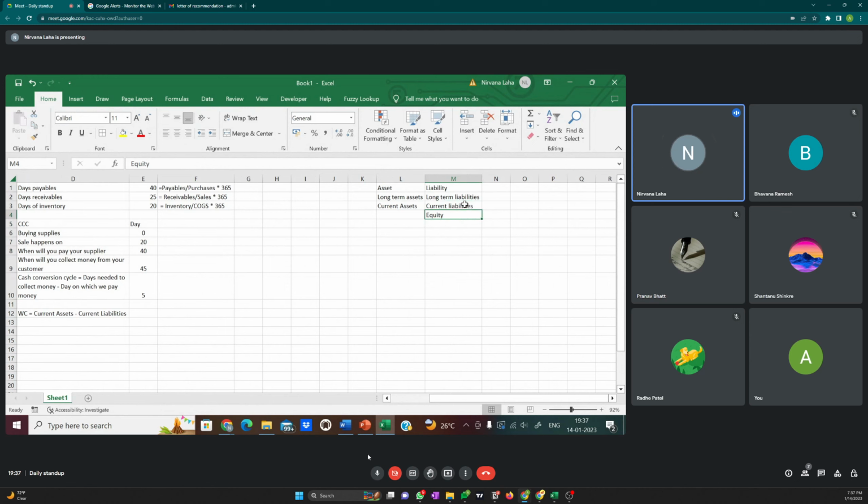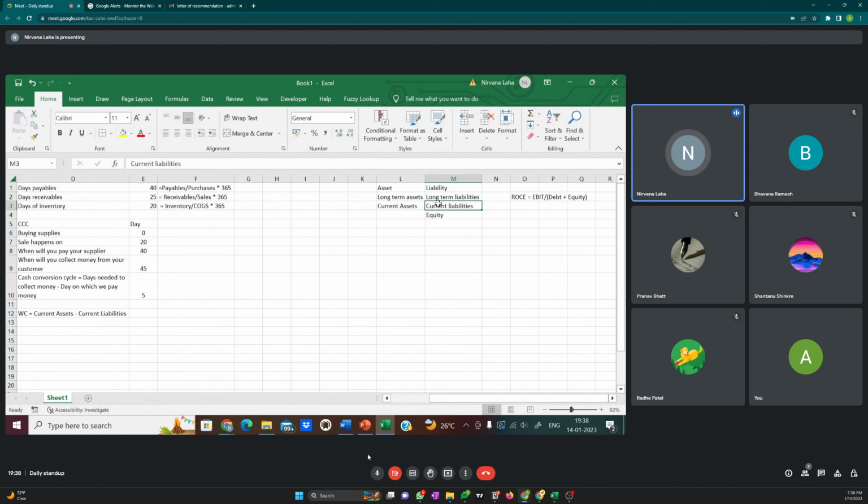So what happens is, when we say that ROCE is equal to EBIT divided by debt plus equity. See, debt plus equity is basically the same as talking about the total assets because both sides have to match. Why it is the same is this current liability thing, you can move it to the asset side.